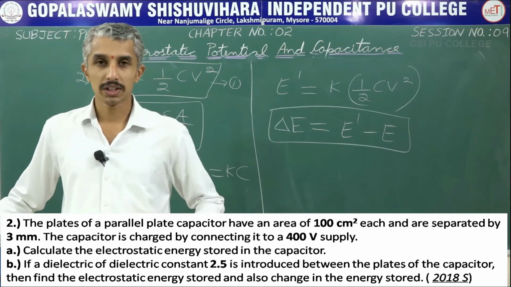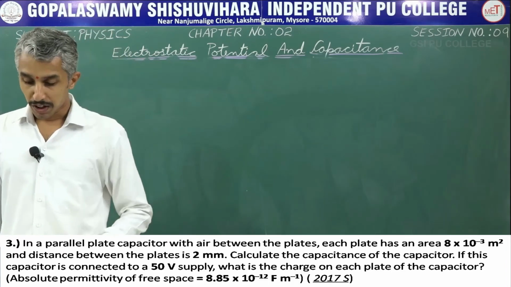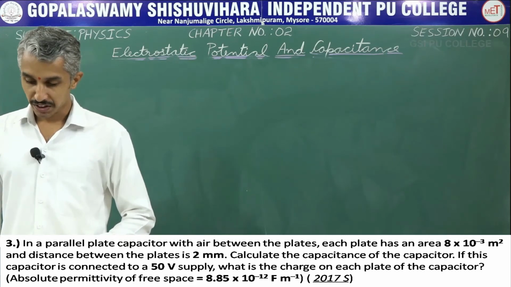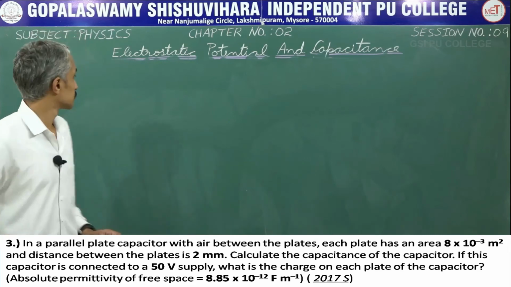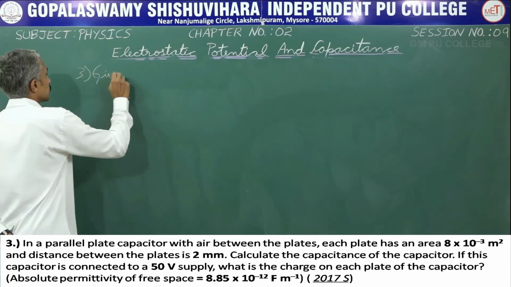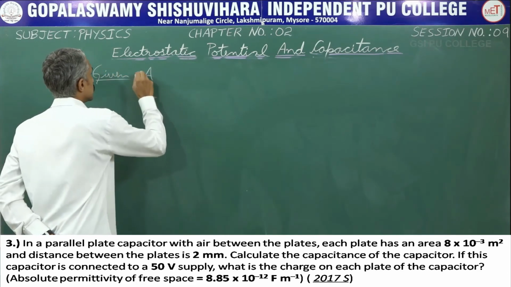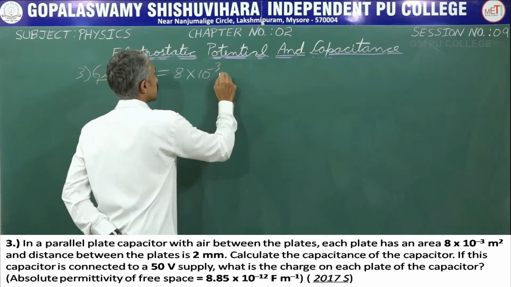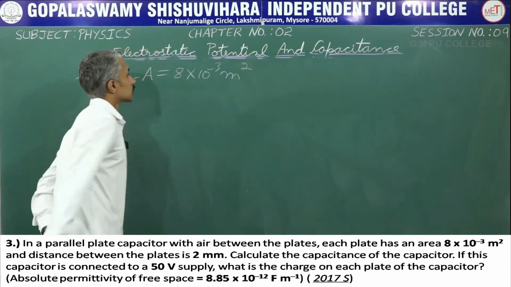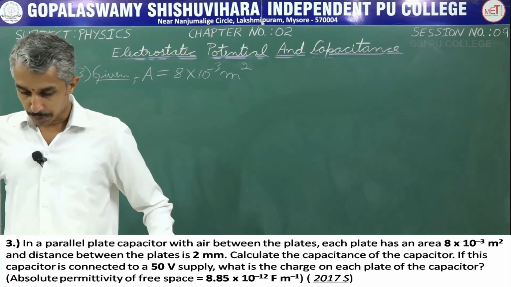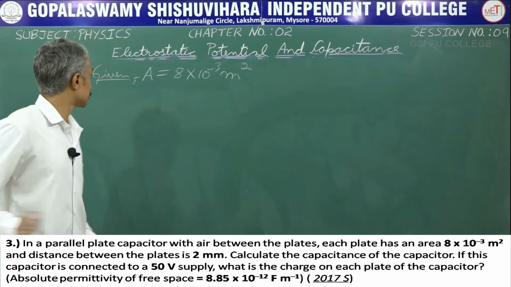Let us move on to numerical 3. In a parallel plate capacitor with air between the plates, each plate has an area 8 into 10 to the power of minus 3 meter square, and the distance between the plates is 2 mm.